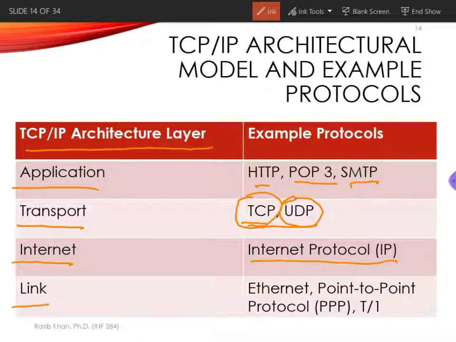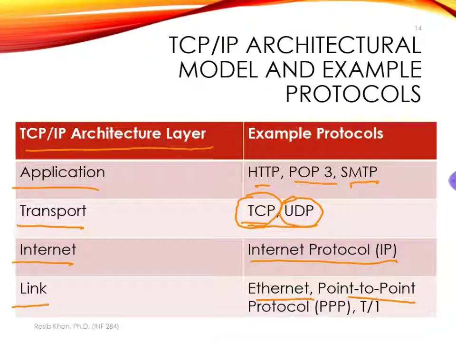And finally, the link layer protocols would be the Ethernet protocol, the point-to-point protocol, etc. In the physical layer, we are looking more at the physical media, which is wired and wireless, radio, all of these features. So in terms of the protocols, these are the ones which are interesting and would be important to consider.